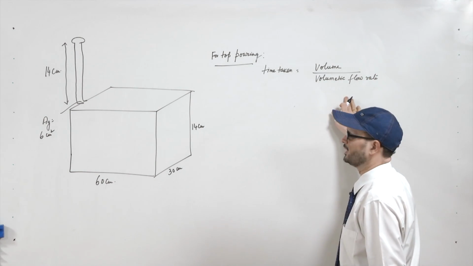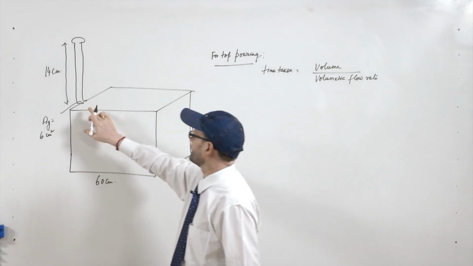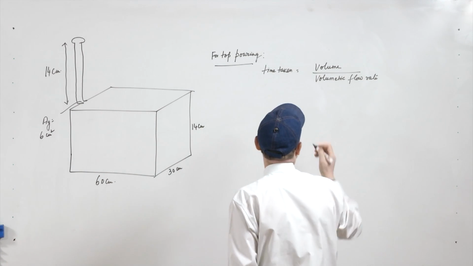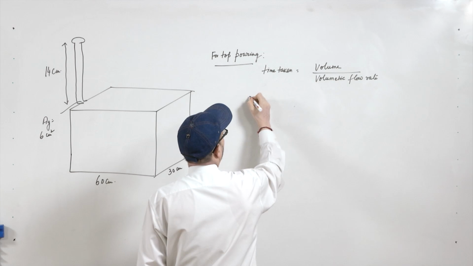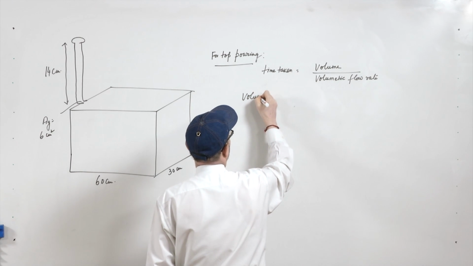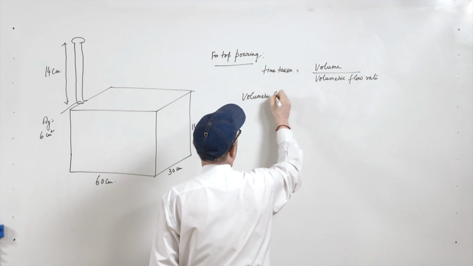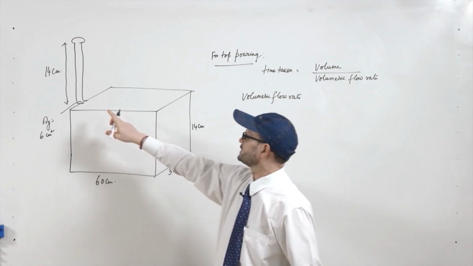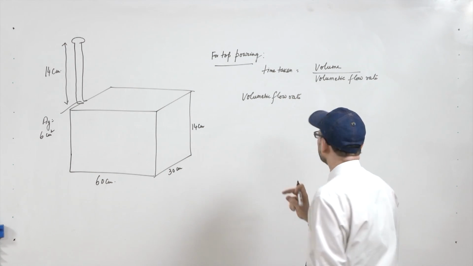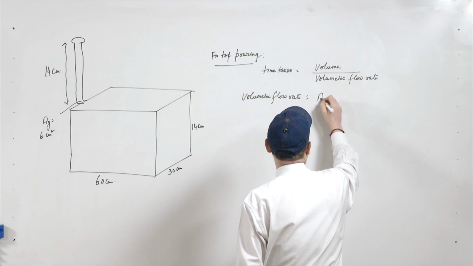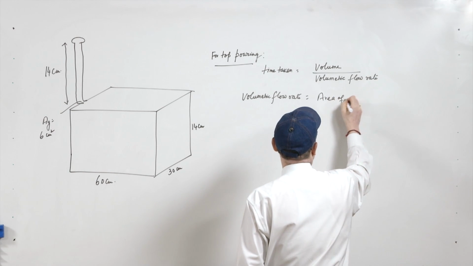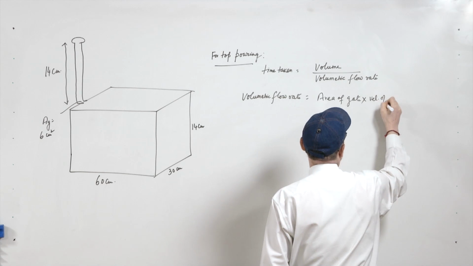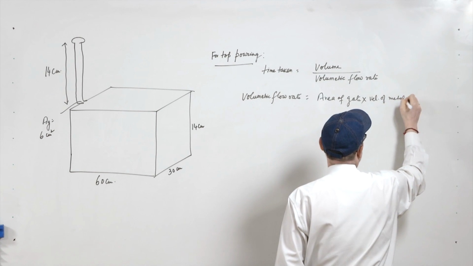Volumetric flow rate will be area of the gate multiplied by velocity of the fluid at the gate. So, volumetric flow rate, this is the flow rate of the metal which is entering into the cavity. So, it will be area of gate multiplied by velocity of metal at the gate.